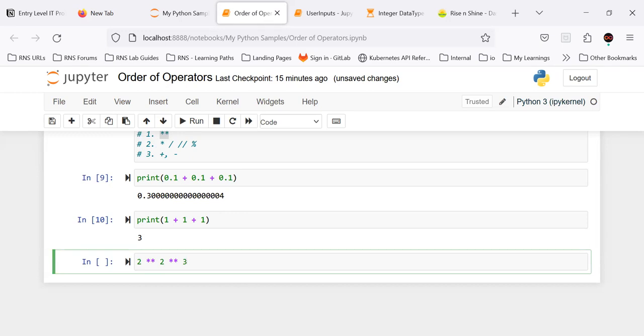Some people say 36, 256, 12, 64. Okay, different answers, but only a single statement. Why do we have those different answers?